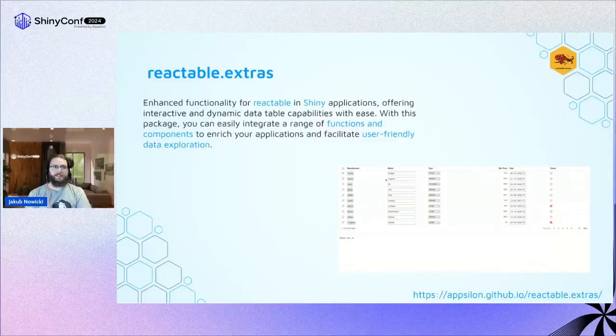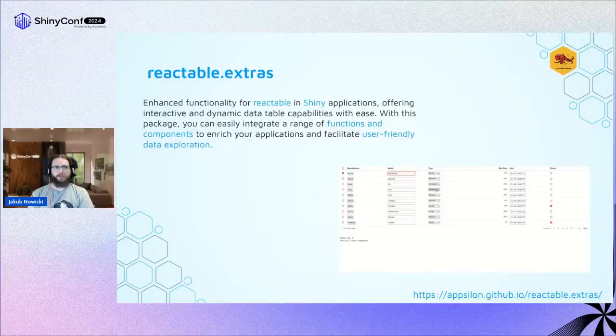And here it is. React Table Extras is a package that includes several new things like those custom inputs. So you can now add to your table dropdowns, calendars, text inputs. They will work exactly the same as basic Shiny. So you can access the input value, you can use them to trigger events. Everything works the same.